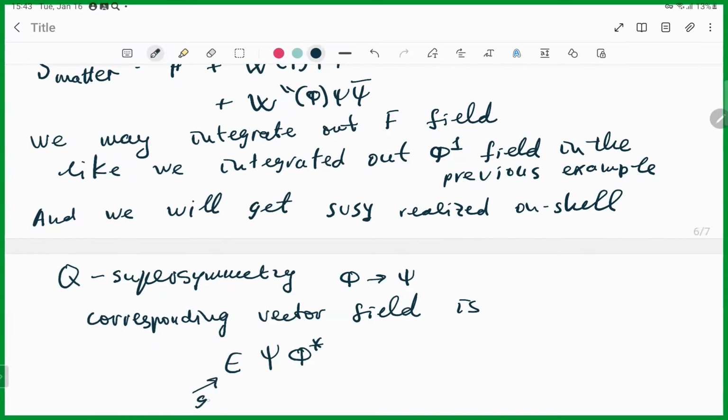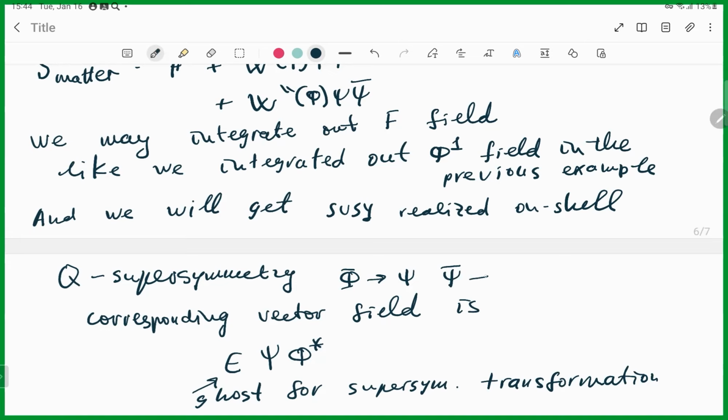So epsilon is a ghost for supersymmetry transformation. But Q not only takes phi into psi, it takes psi bar into f. So here we have epsilon psi bar star f.